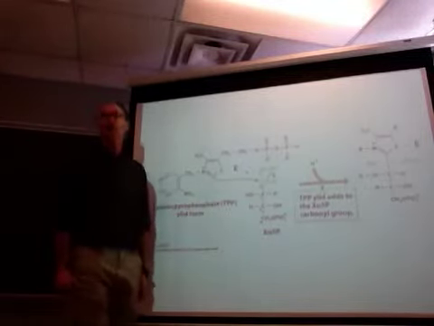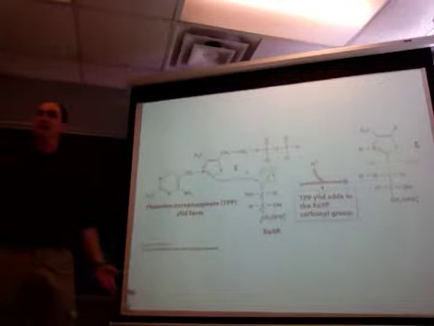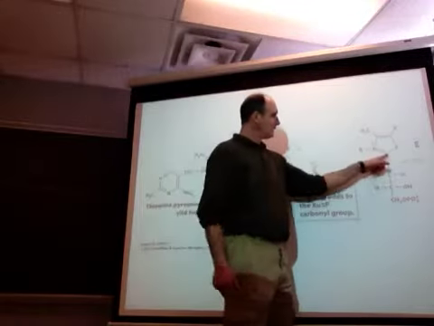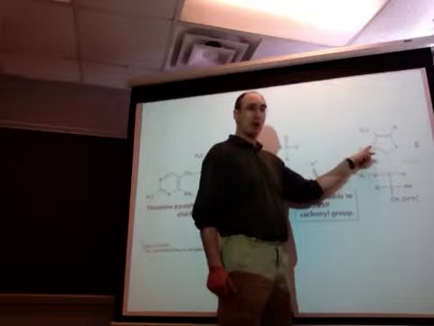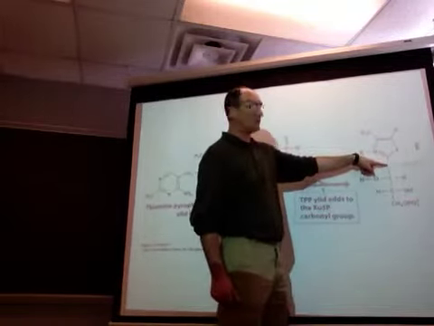Why? What did I say we were looking for? An imine. Do you see an imine-like structure there? The C double bond N right here plays the role of the carbonyl, which means this now becomes the carbon alpha to it.